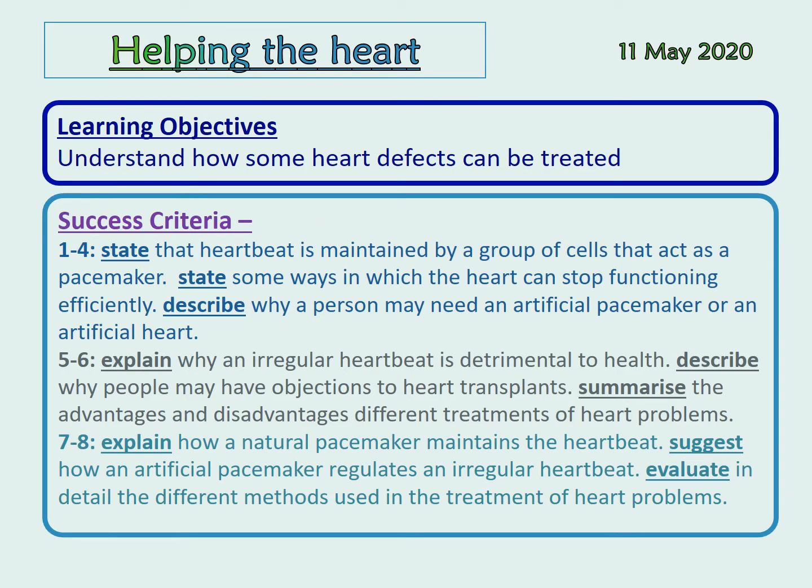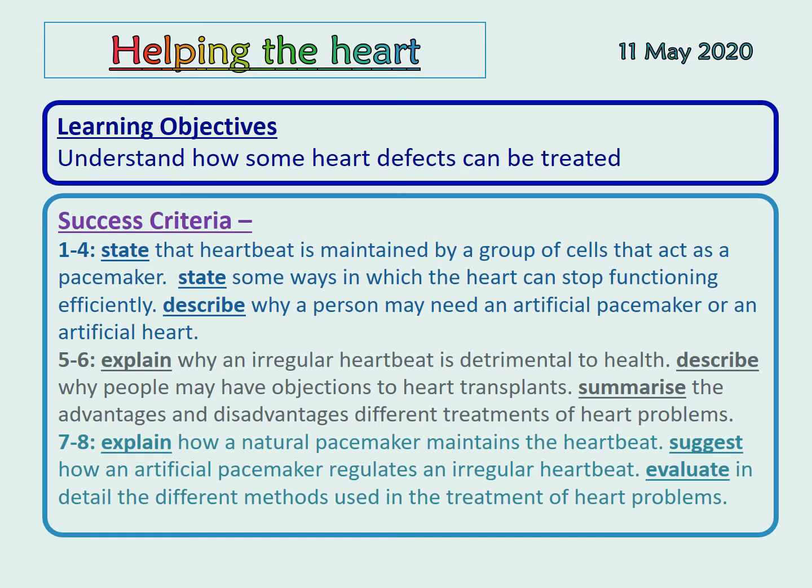Okay, back to it. So what do we need to take away from today in helping the heart? We need to be able to say how the heartbeat is maintained. We also need to know about artificial pacemakers and artificial hearts, how they're used by people.